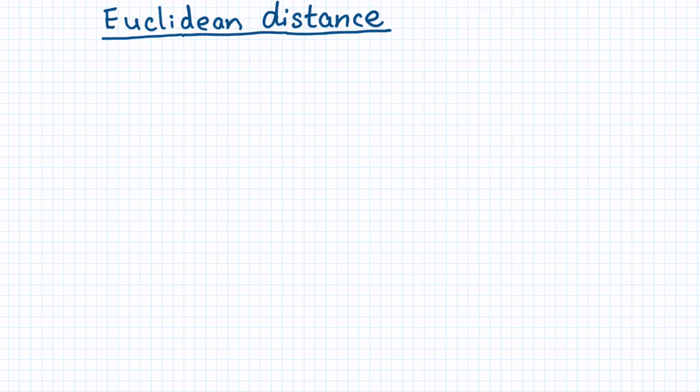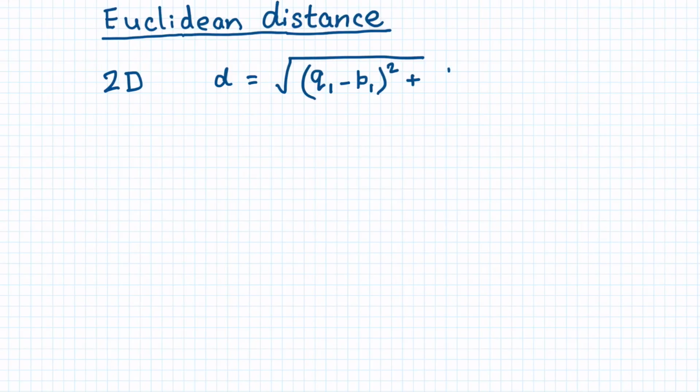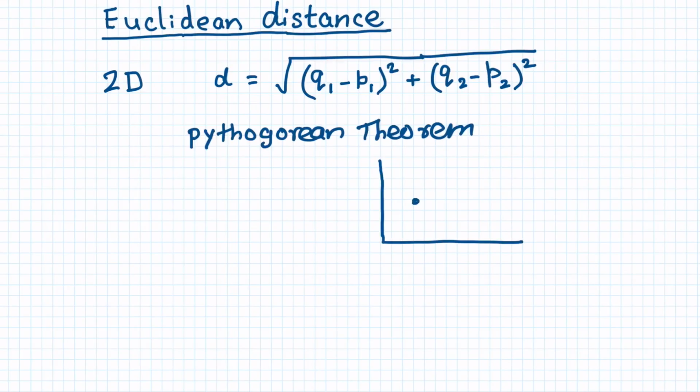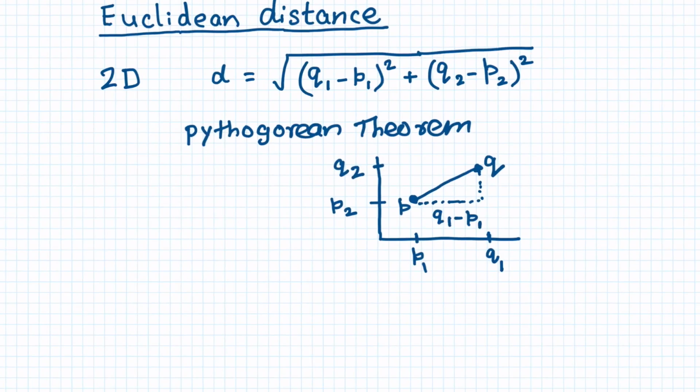So if we consider a two-dimensional case, and if our data points are P and Q, then we can calculate distance as square root of (Q1 minus P1) whole square plus (Q2 minus P2) whole square. This is exactly what is done in Pythagoras theorem, where we have 2 points P and Q, and we make use of the length of the two sides, and using that we calculate the distance between P and Q.